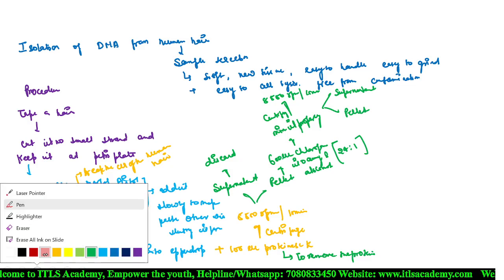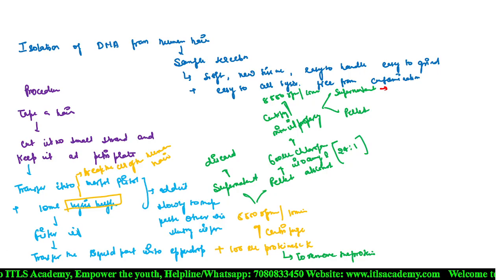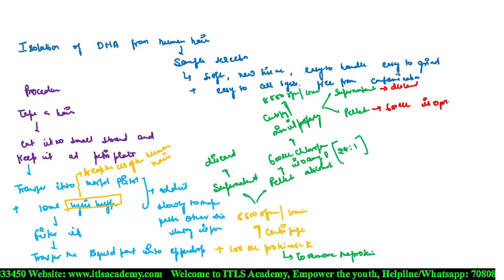Discard that supernatant and into the pellet you have to add 600 microliter isopropanol and invert it for 5 minutes for proper mixing.